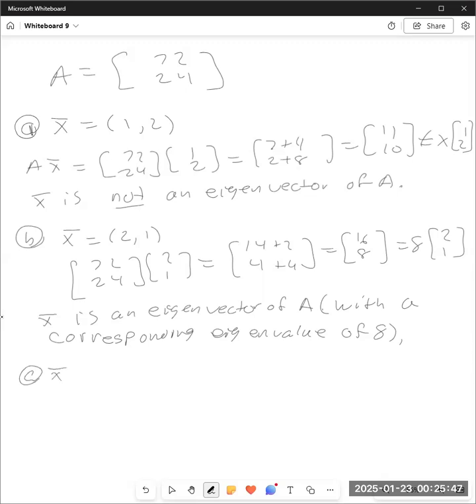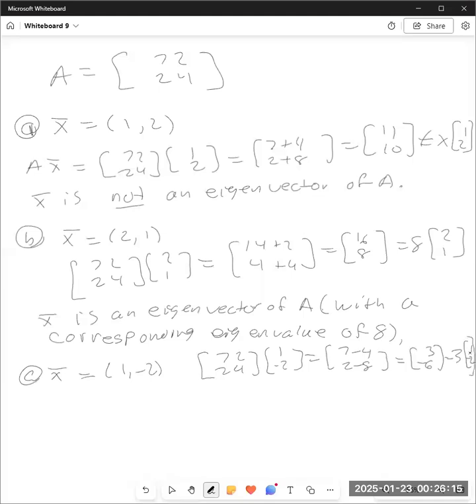C, x is equal to 1, -2. So 7, 2, 2, 4 times 1, -2. That's 7 minus 4. That's 2 minus 8. That's 3, -6. And that is 3 times 1, -2.